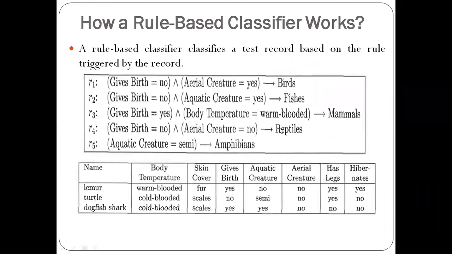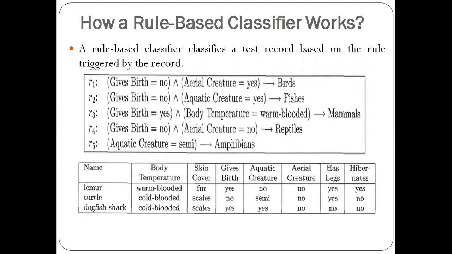So there is a confusion, and we are unable to assign the class label because of it. And the third record, that is dog, fish, shark, is not going to trigger any of the rules here. Since it is not going to trigger any of the rules, we are not able to assign the class label to that record.